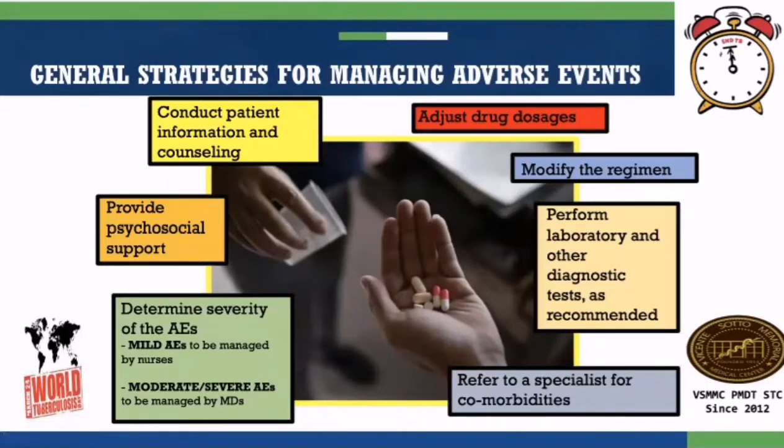Number 2, healthcare workers have the responsibility to deliver information to patients, to family, and the caregiver with comprehensive understanding about the disease and treatment, including the ADR and how to handle ADR. Third, psychological and educational support could improve both health-related quality of life and medication adherence.